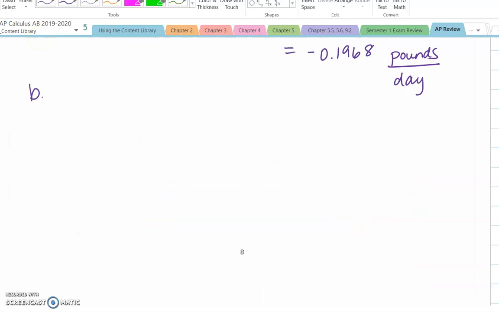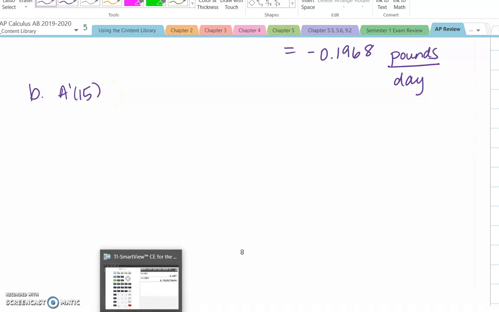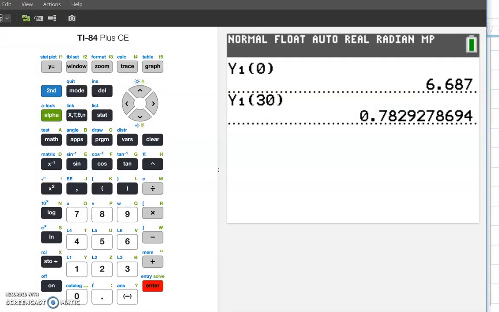Part B says find the value of A prime of 15. And using correct units, interpret the meaning of the value in the context of the problem. So we can get this on our calculator by doing nDeriv.